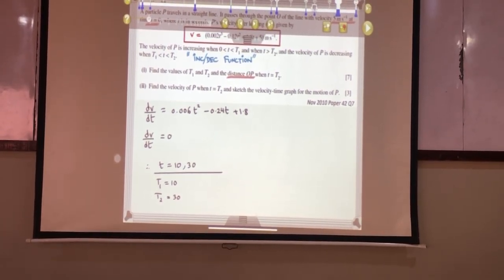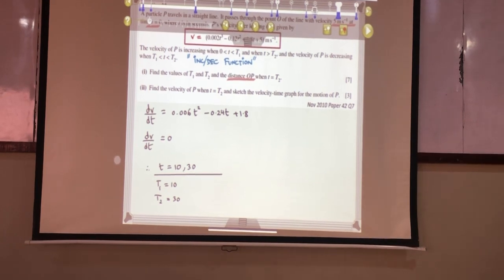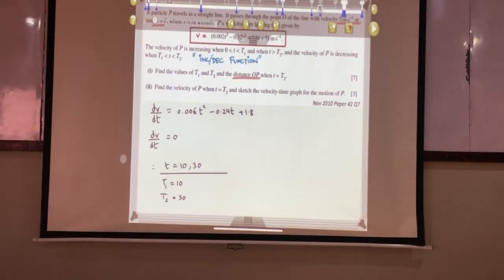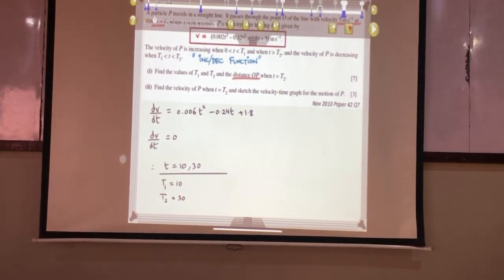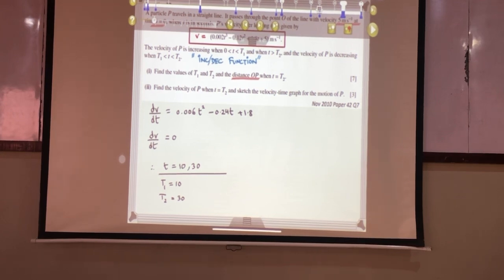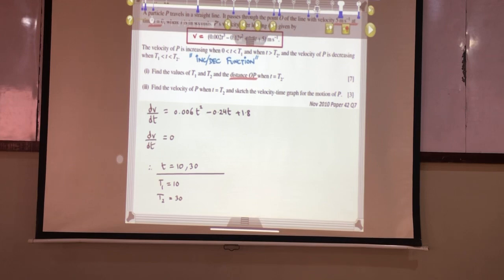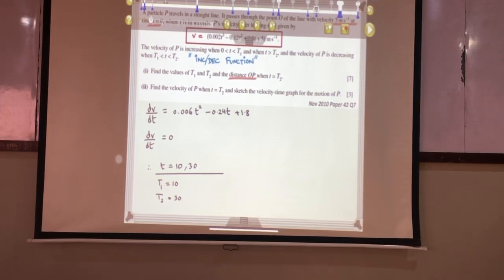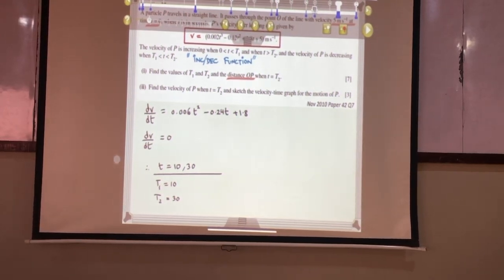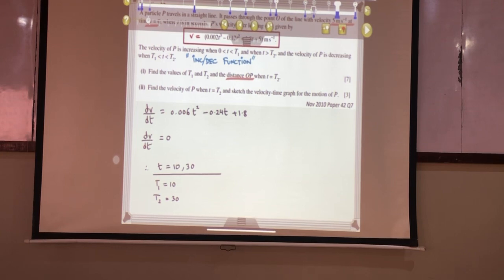Whenever we have to find the increasing decreasing range for a certain function, its derivative should be greater than 0, its derivative should be lesser than 0. Now we are not actually solving for the inequality as such, because we already know t1 is lesser than t2.